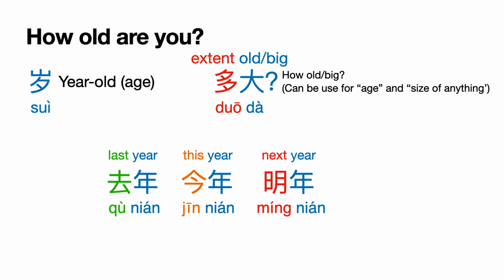This year, 今年, this year. Next year, 明年.